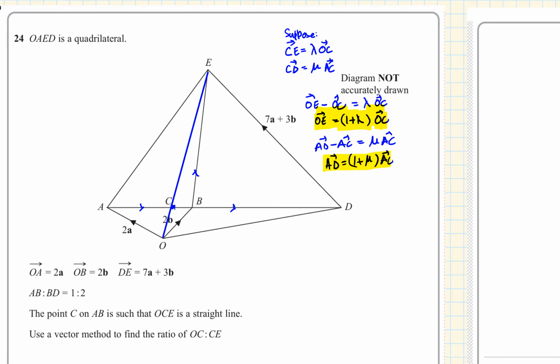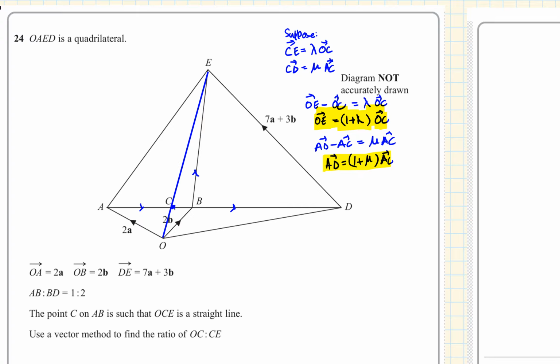So OB is 2b. So before that, maybe it will help if I find BE first.